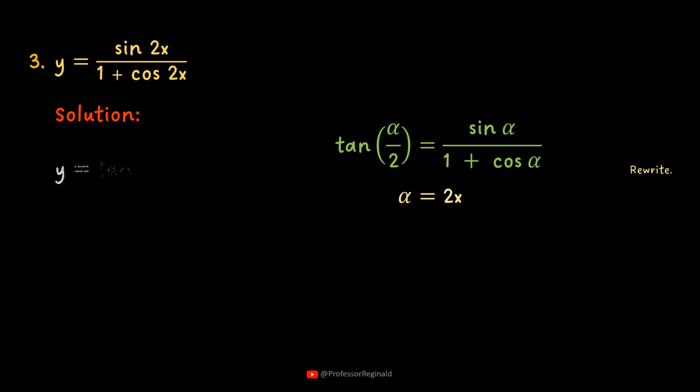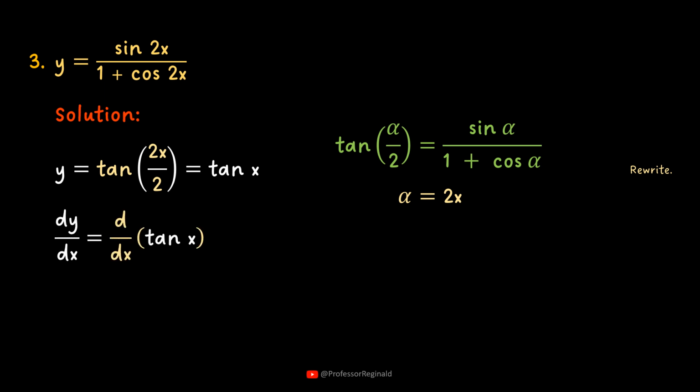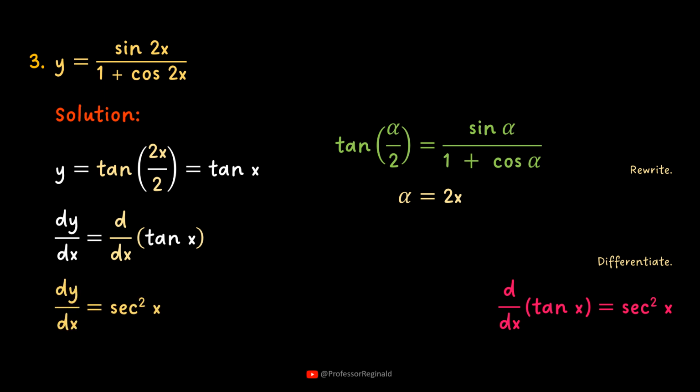Y becomes the tangent of x, whose derivative is easier to find than the given y. dy dx is the derivative of y with respect to x. Differentiate using a trigonometric function rule. Therefore, the derivative of y with respect to x is equal to the square of secant x.